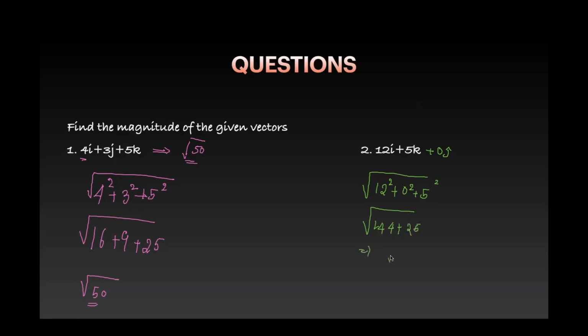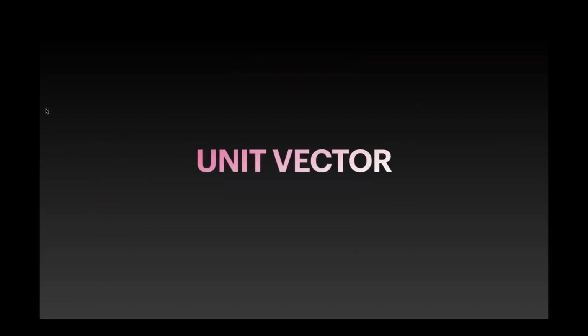So what are you getting? Root of 169, which is 13. So the magnitude of this is 13, and we are going to write units: 13 units. And this is root 50 units. That's it.